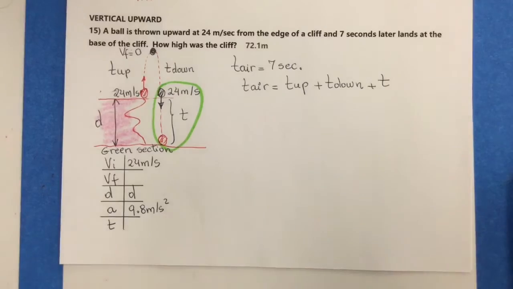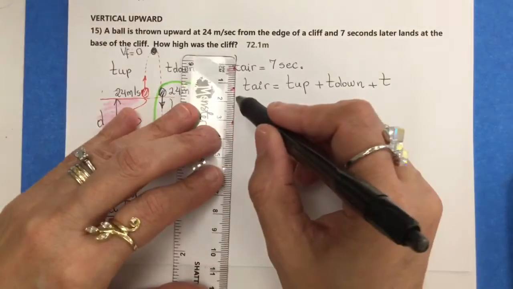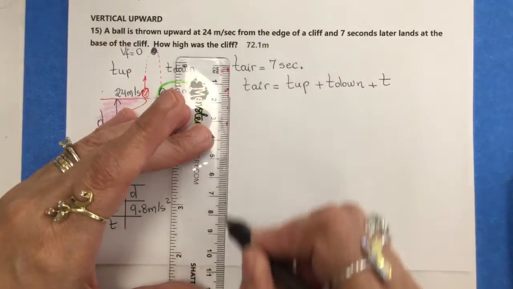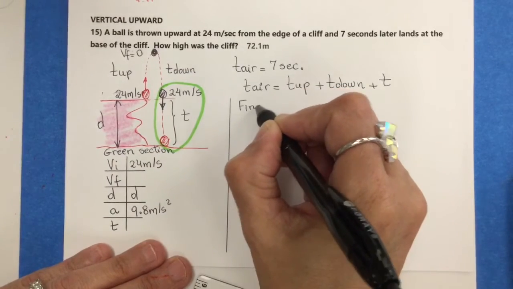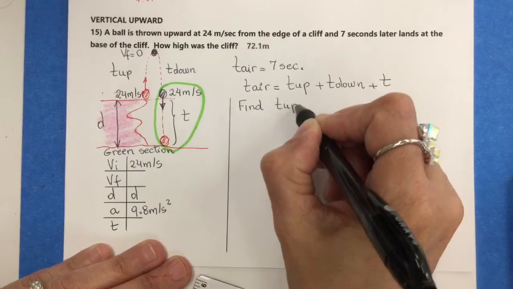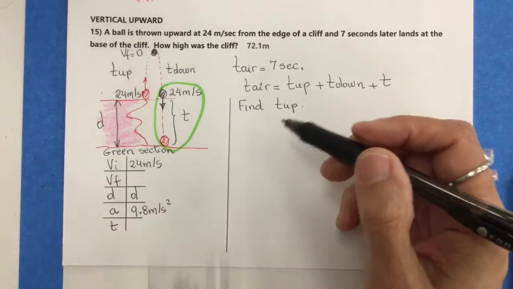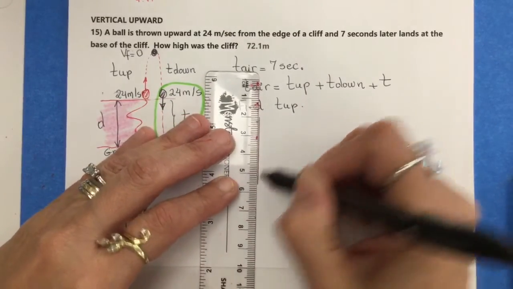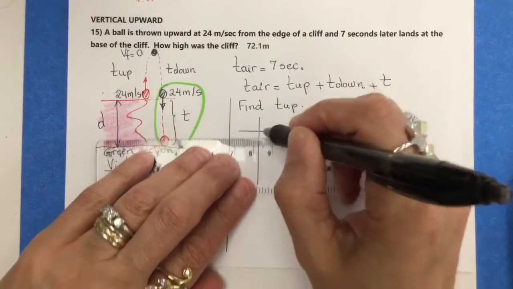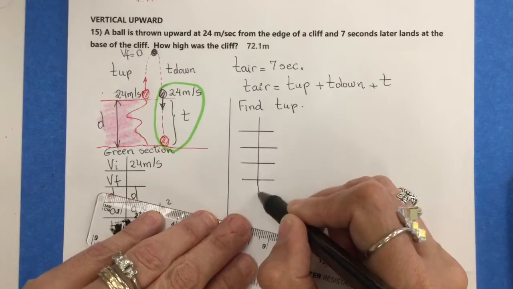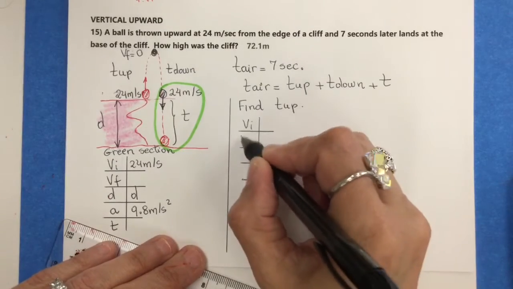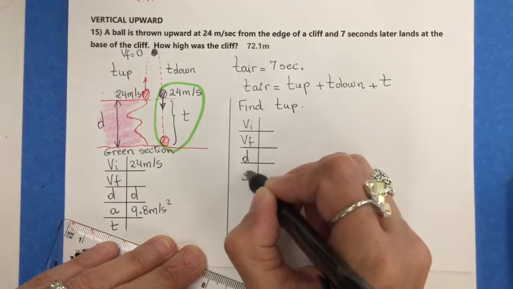To find time up, so let me cut a section here. So to find time up, we need to build our table based on what is happening when it's going up. VI, VF, D, A, T.